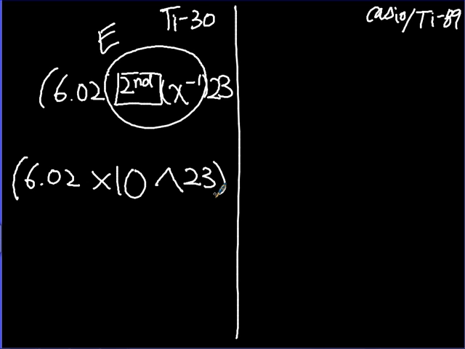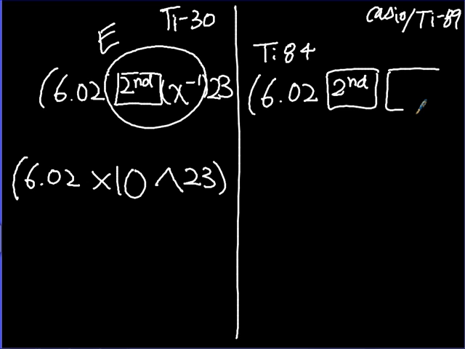Okay, now, can I borrow yours? Let's talk about the TI-84. On the TI-84, you have two options. You have that EE, which is a second comma in this case. So you'll write parentheses 6.02, second, comma, 23, parentheses, right?